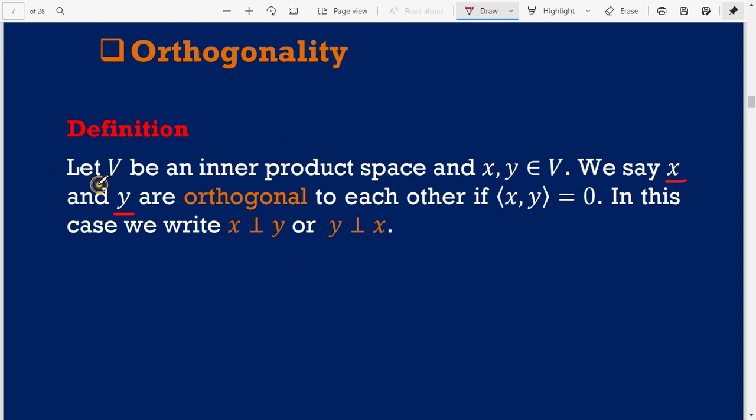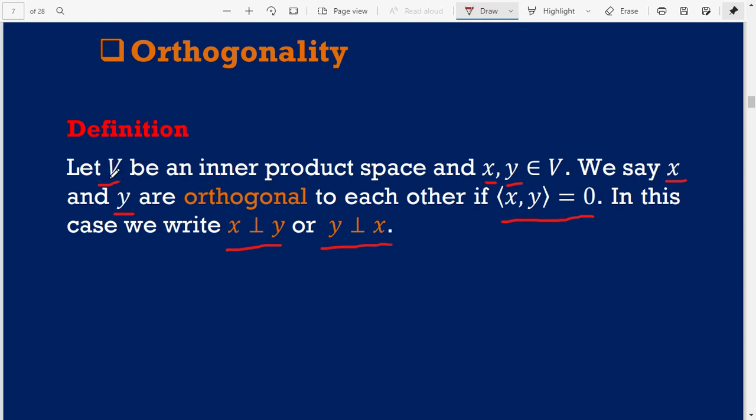Here we let V be an inner product space and x, y belong to V, then we can say that x and y are orthogonal to each other if inner product x with y is equal to 0. In this case, we write x is orthogonal to y and y is orthogonal to x.